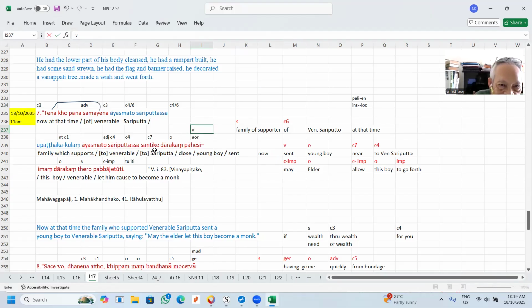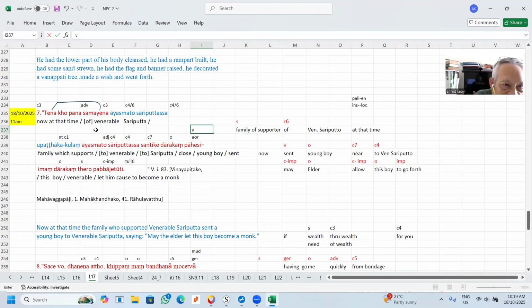Can you see the word? This is locative, near. So technically, yes, it's near. In this case, this case and this case is different. This is genitive. This is dative. Near to Venerable Sariputta. So you see the case is the same, but however, the translation is different.